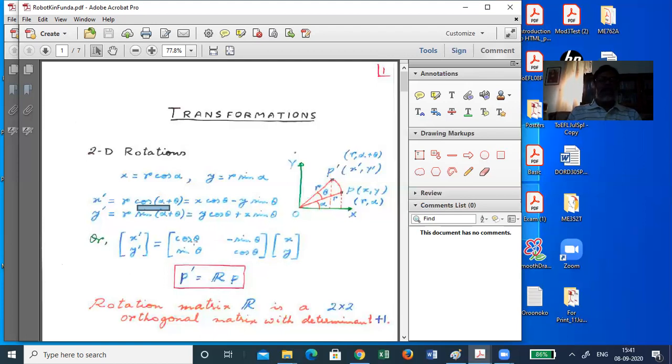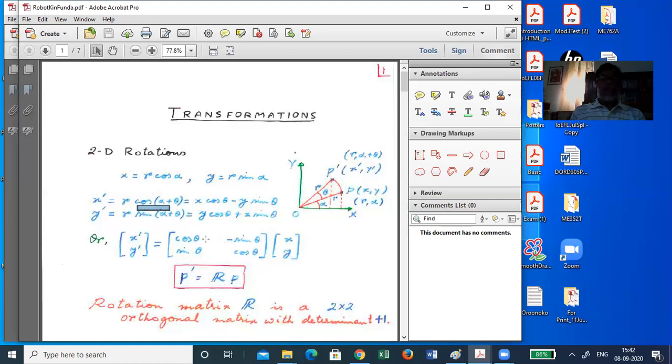So this matrix R we will call the rotation matrix, basically because this represents a rotation through an angle theta, and the old position vector of a point maps to the new position vector of the same point after the rotation through this linear transformation.